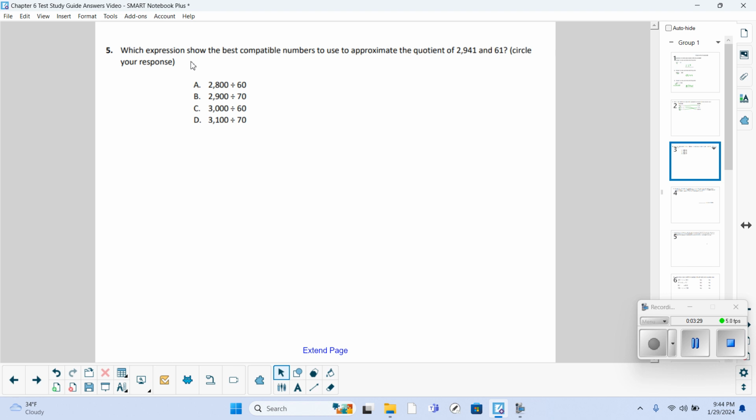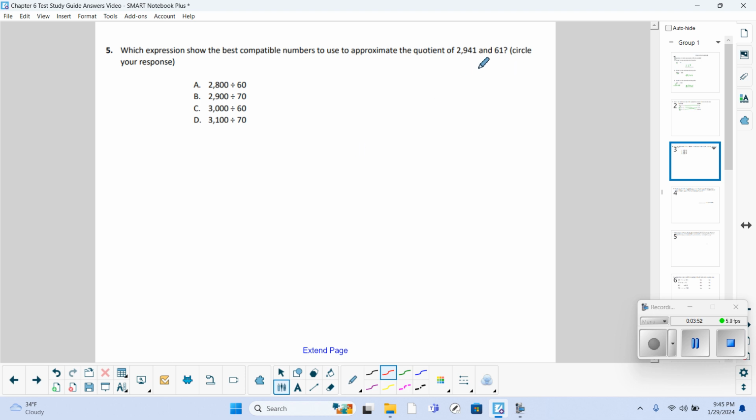Which expression shows the best compatible numbers to use to approximate the quotient of 2,941 and 61? Well, I'm looking at these, and this is close to 30 or 29. This is close to 60, so I'm looking for compatible numbers, which are good numbers to use for mental math.